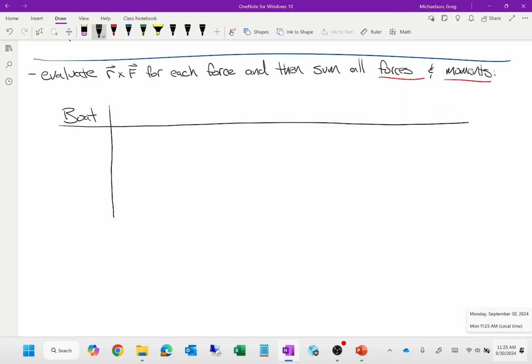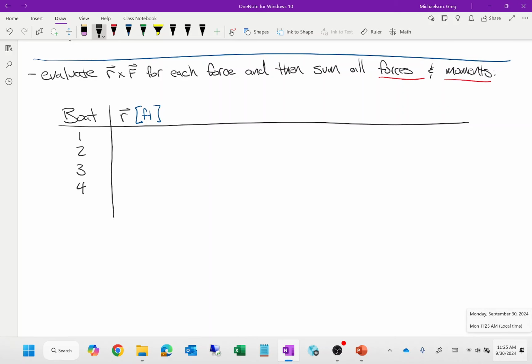Okay. So there are 4 boats, right? Let's start off by rewriting all these R vectors. Again, I'm sorry for all the rewriting, but I just want everything here in one spot.